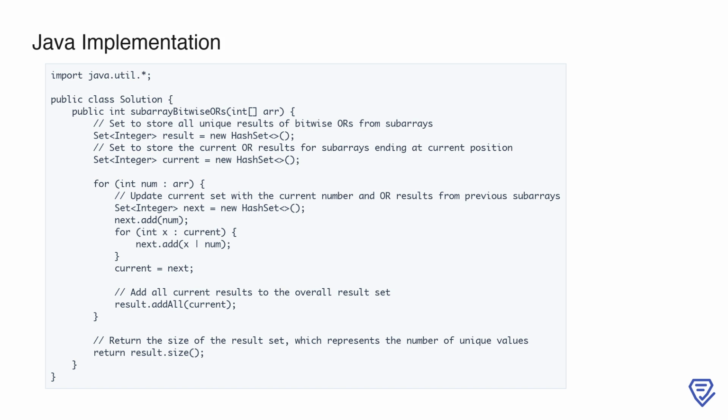The solution uses two sets, one to store all unique results of bitwise ORs and another to maintain intermediate results for subarrays ending at the current position. Key differences include explicit type declarations, the use of Java-specific collections like HashSet, and a slightly different syntax for set operations. The final result is the size of the set containing all unique bitwise OR values.